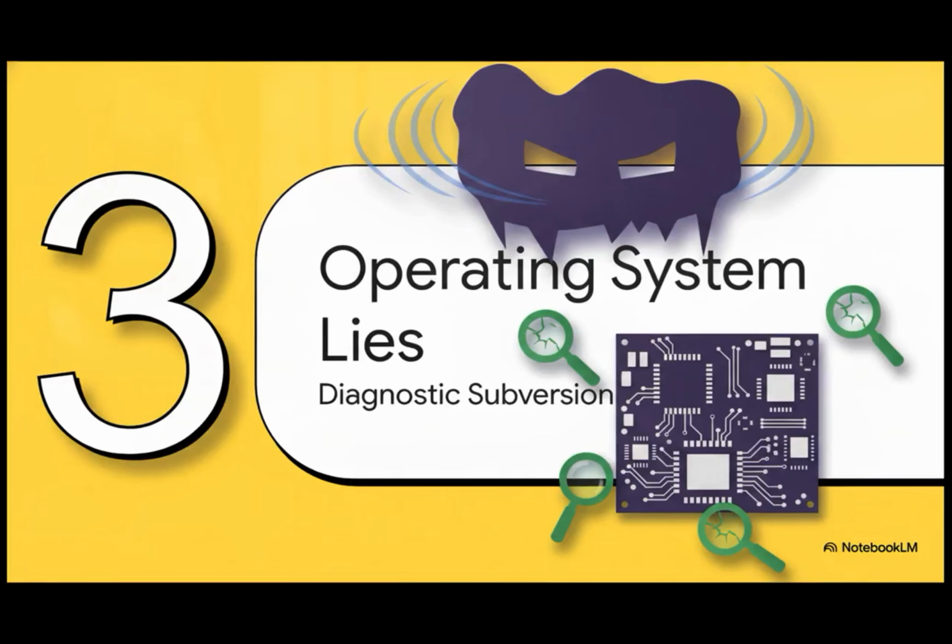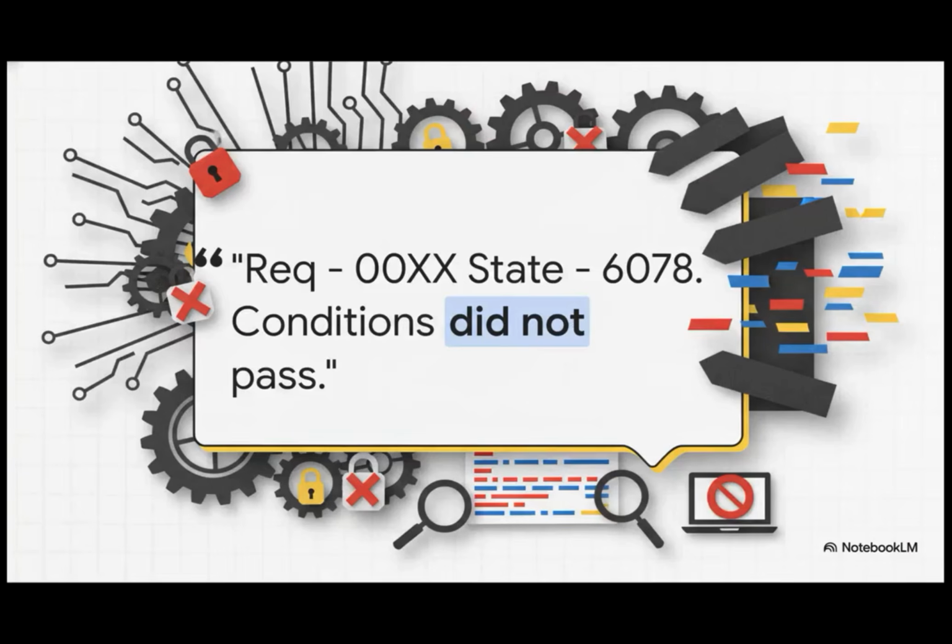Which brings us to Section 3, operating system lies and diagnostic subversion. The forensic logs give us this exact, chilling quote: Rec 00XX, state 6078. Conditions did not pass. Analysts saw hundreds of critical diagnostic tasks failing with these uniform, completely undocumented codes, specifically state 6078 and state 60F8.